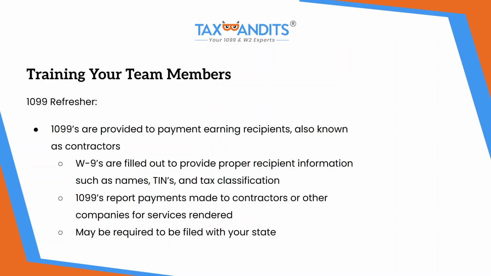On these 1099s, they report payments made out to contractors and other companies for services rendered. Depending on the income or the payment itself will determine what type of 1099 form you will file. And much like with the W-2 forms, depending on the state that you work or reside in, you may be required to file that 1099 with your state agency.